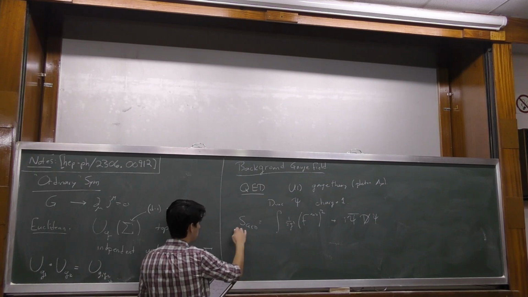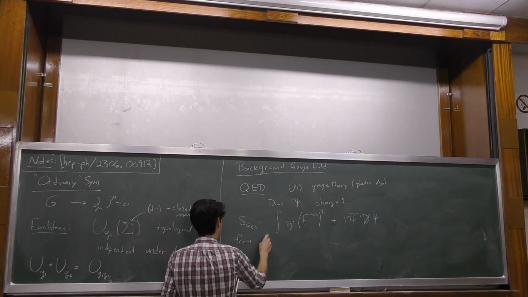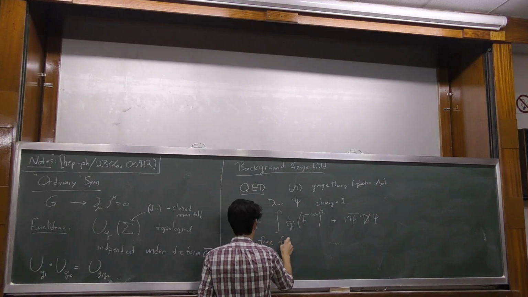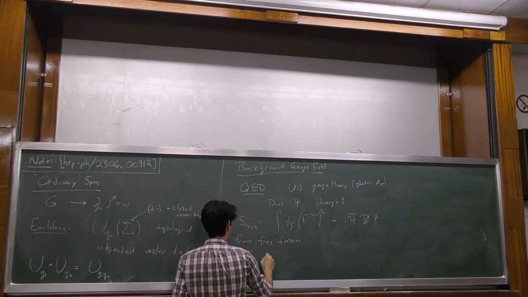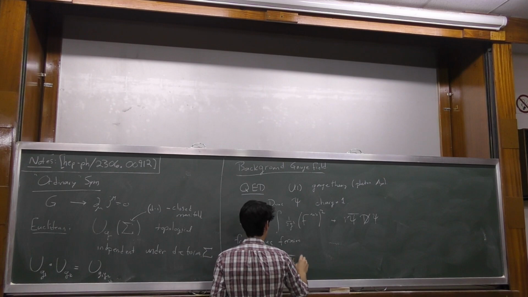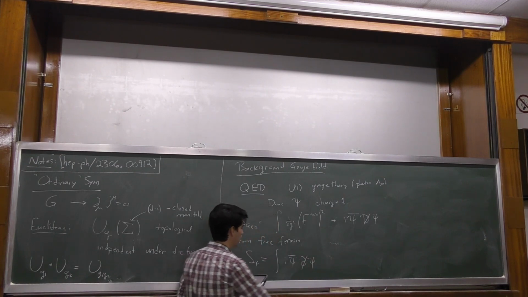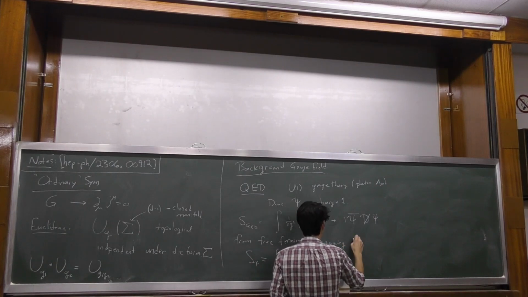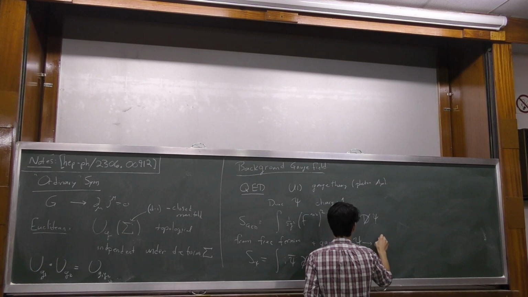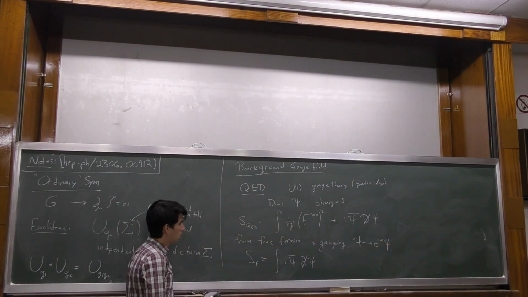Good. So you can think of QED as coming from free fermion theory, i psi bar d slash psi, and gauging the symmetry psi goes to e^{i alpha} psi.